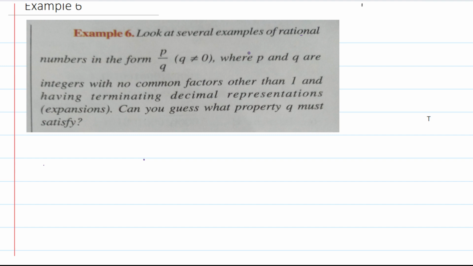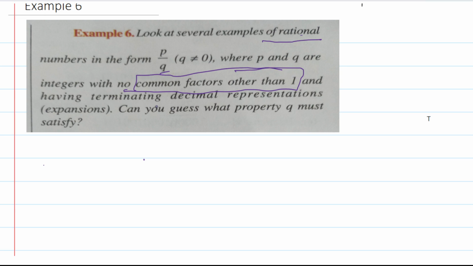So see this one, there are three parts. First part is this rational number in the form of p by q. Second part, the number which we take in the form of p by q should have only one as the common factor. Okay, only one should be a common factor.